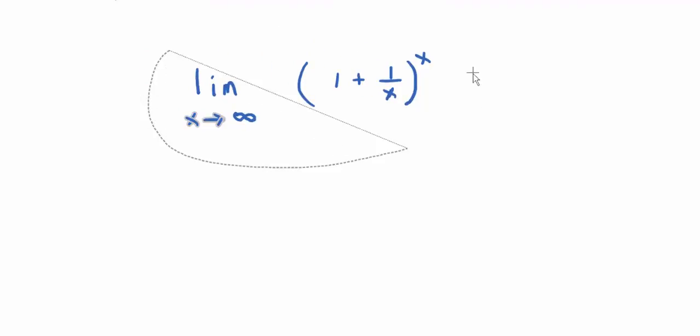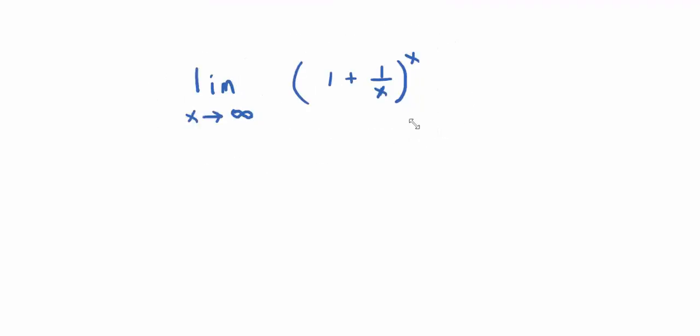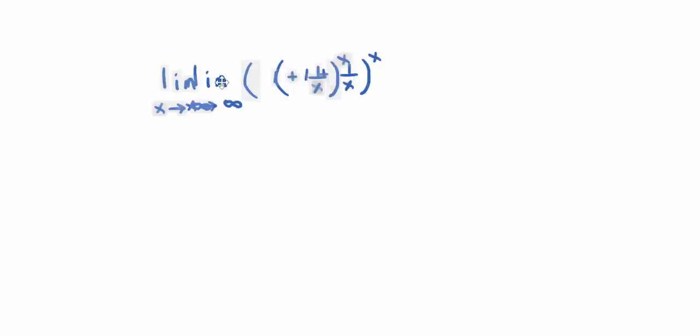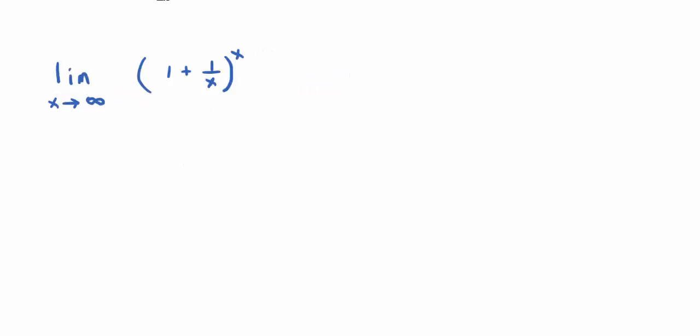Now, what's the form here? What's the indeterminate form? What is it? Okay, so inside the parentheses, what happens to the 1 over x as x goes to infinity?